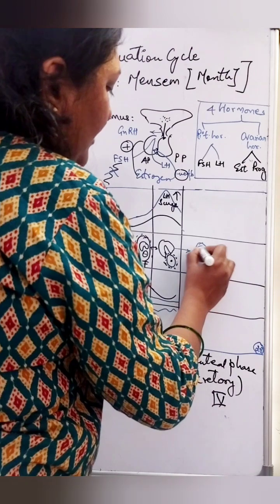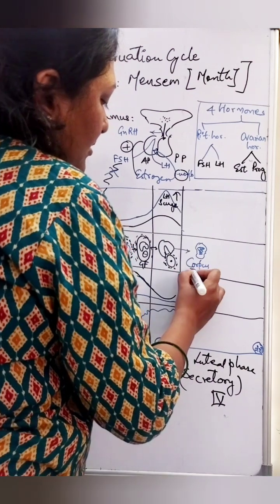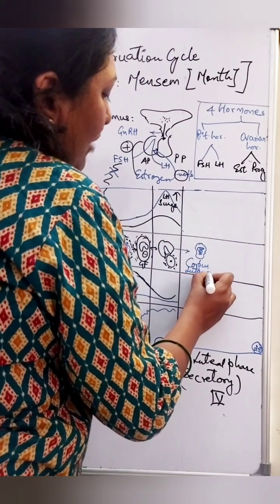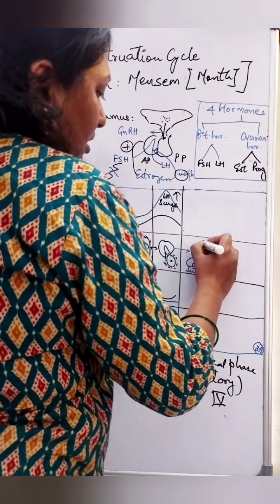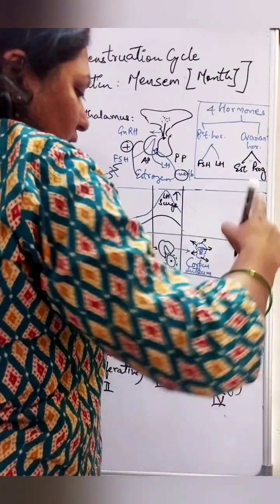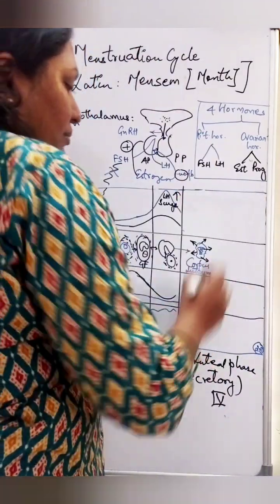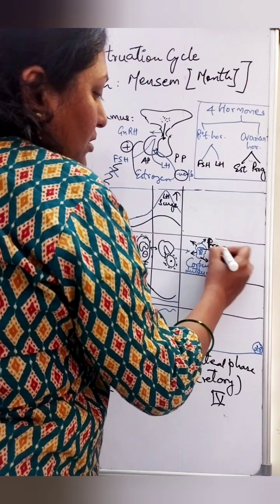The corpus luteum, which is a shrunken part of the Graafian follicle, is why we say luteal phase. When the corpus luteum is formed, it acts as an endocrine gland temporarily, because it will secrete an ovarian hormone which is very important for more thickness of the endometrium. This hormone is called progesterone.